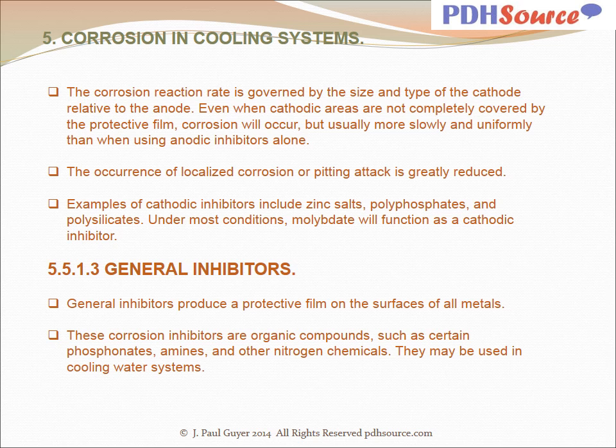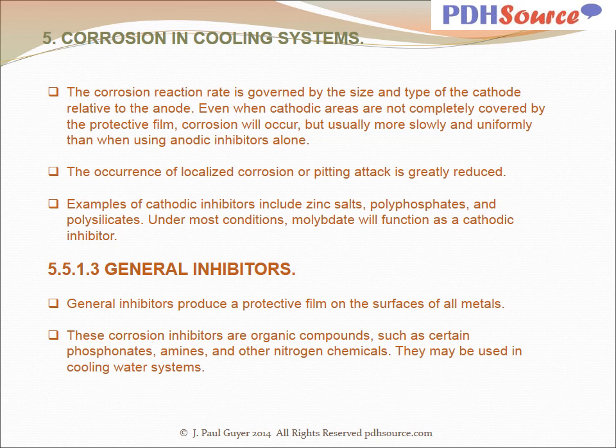Even when cathode areas are not completely covered by the protective film, corrosion will occur, but usually more slowly and uniformly than when using anodic inhibitors alone. The occurrence of localized corrosion or pitting attack is greatly reduced. Examples of cathodic inhibitors include zinc salts, polyphosphates, and polysilicates. Under most conditions, molybdate will function as a cathodic inhibitor.